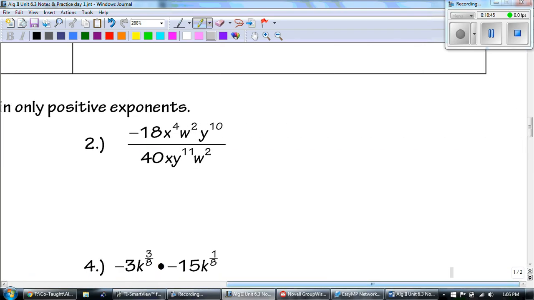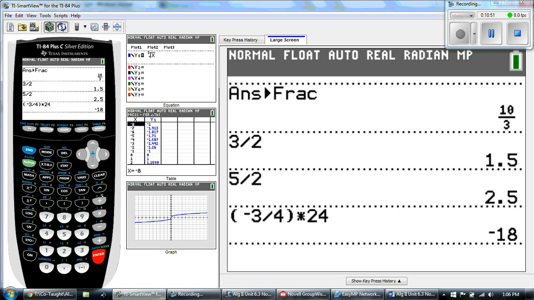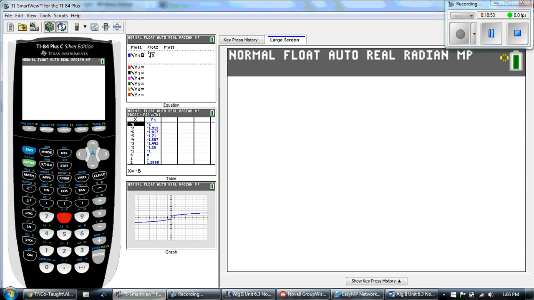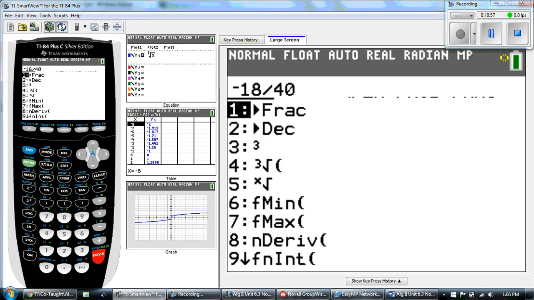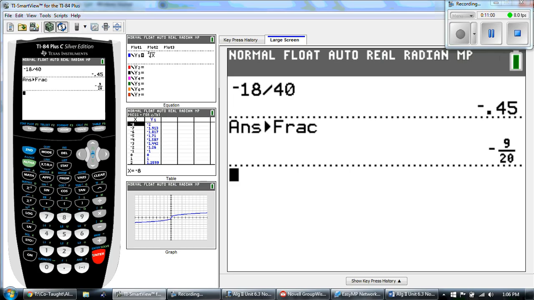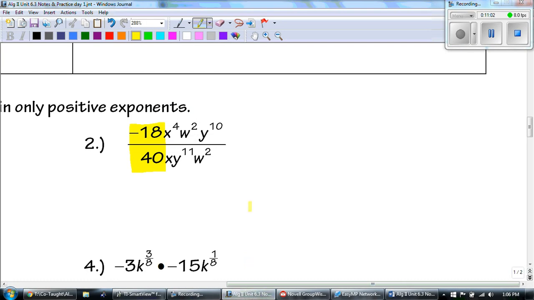That was multiplication, and now we have division. So I always look at the coefficients first. Negative 18 divided by 40. Math, enter, enter. And we get negative 9 over 20. I like to look alphabetically first, so I'm looking at the x's, and the top wins.